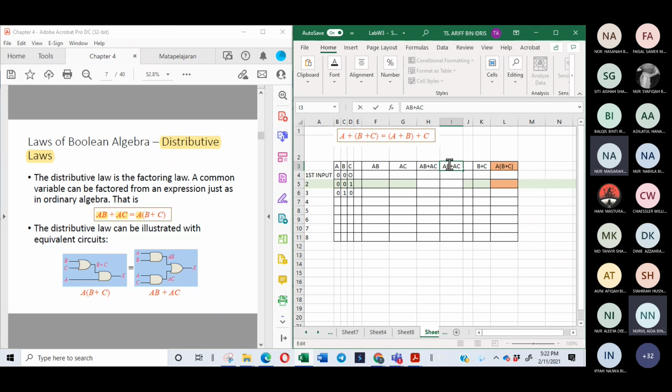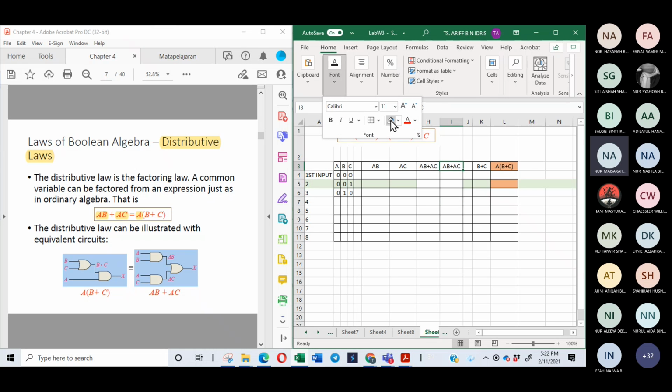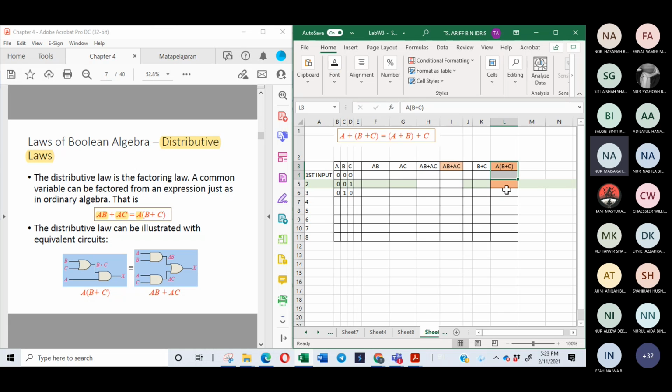Is AB plus AC equivalent to A times with B plus C?